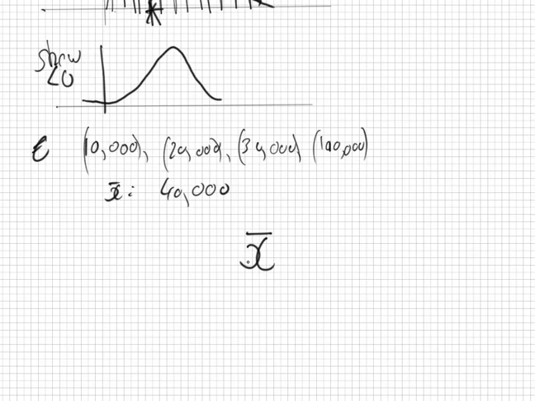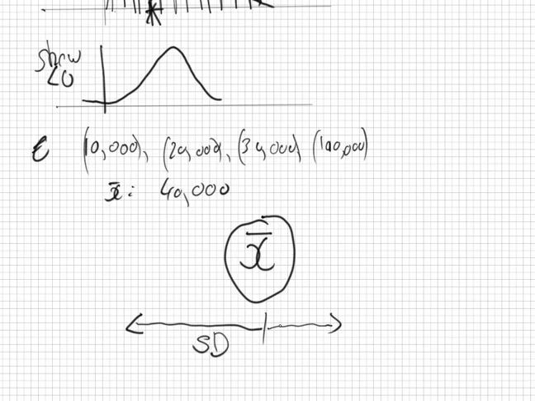Standard deviation, remember? What does standard deviation tell us? Yeah, how wide the data is. So the average is the center, the standard deviation is how wide the data is, and the skewness tells us if it's leaning to the left or to the right.